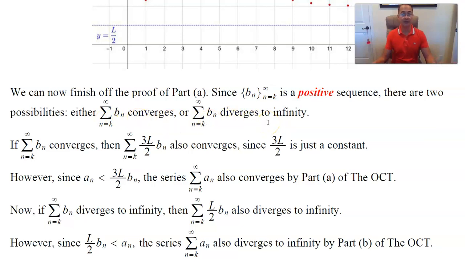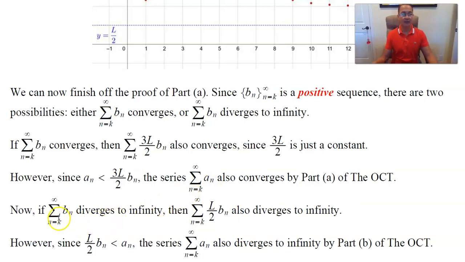All the terms are positive, so it can only do one of those two things. First case, if the series converges, then the summation of 3L over 2 b_n also converges, because that's just a constant. But our terms are smaller than 3L over 2 times b_n. So by the ordinary comparison test, our series also converges, according to part A of the OCT.